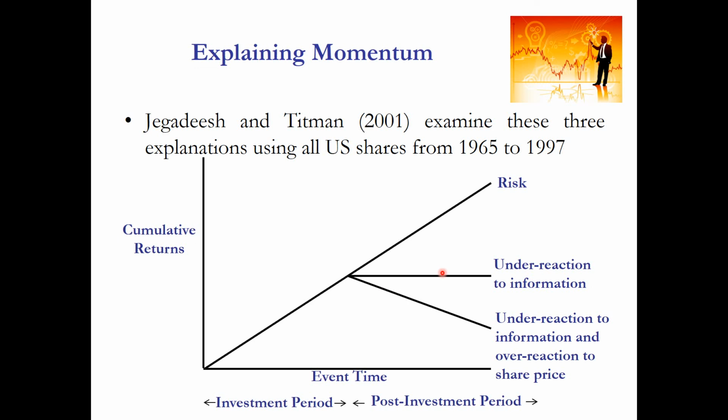If there is a combination of underreaction and overreaction that we spoke about before, we see the price drift, price continuation, but because the subsequent overreaction pushes prices further away from fundamental value, we should eventually have arbitrage and a return to fundamental value.